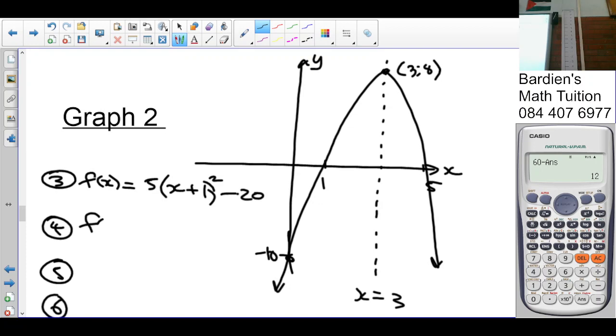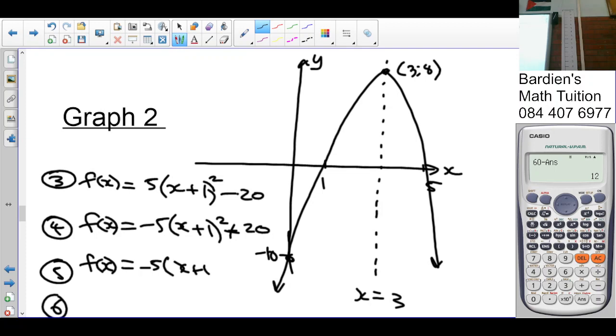Then you draw f of x equals minus 5 into x plus 1 squared plus 20. F of x equals minus 5 into x plus 1 squared minus 20.